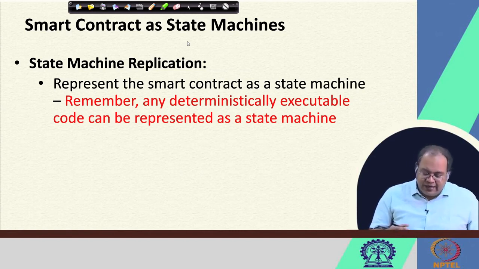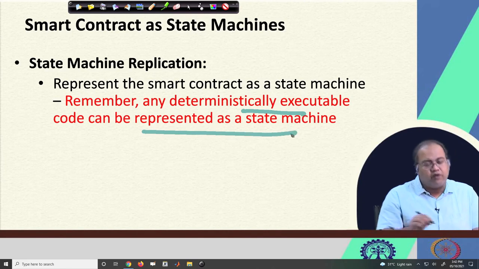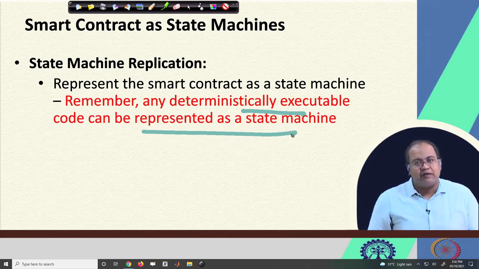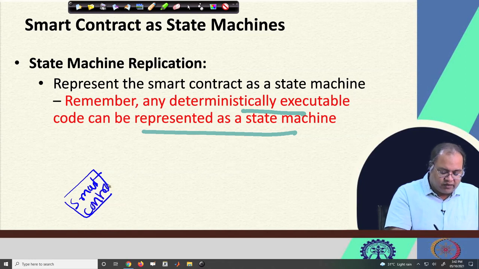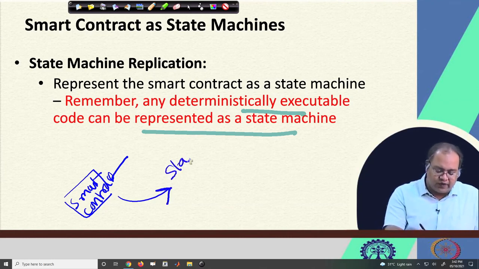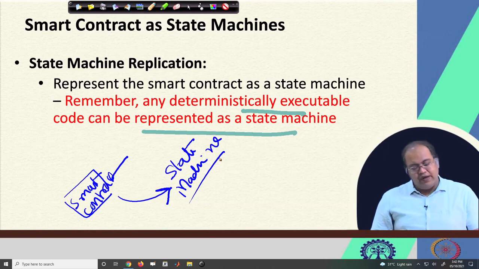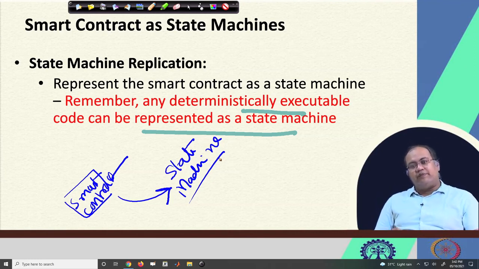So when any deterministically executable code can be represented in the form of a state machine, that basically means that the smart contract that I have, so this is my smart contract, I can possibly convert into the form of a state machine, and then I will execute that state machine to ensure consensus among different participants of the blockchain.